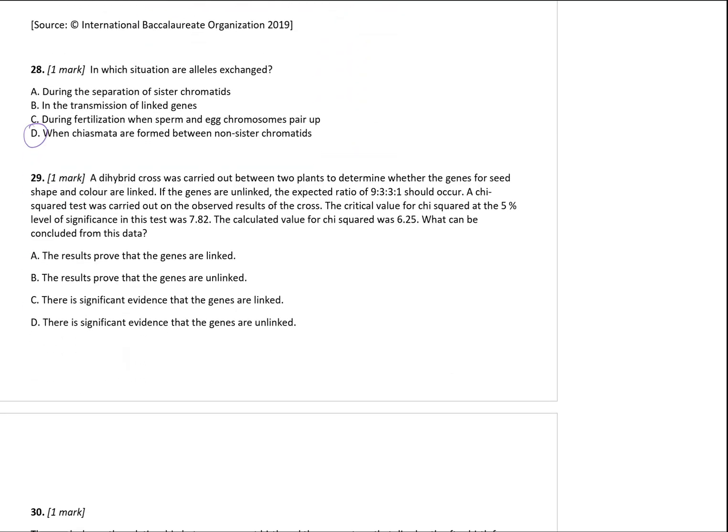And so then in this case, we've got a dihybrid cross, so you'd expect a 9 to 3 to 3 to 1. They did a chi-squared test, and the critical value is 7.82, and the chi-squared value was 6.25, okay? So here your chi-squared value is less than 7.82, and so that means you have to accept your null hypothesis that there is no statistically significant difference, okay?